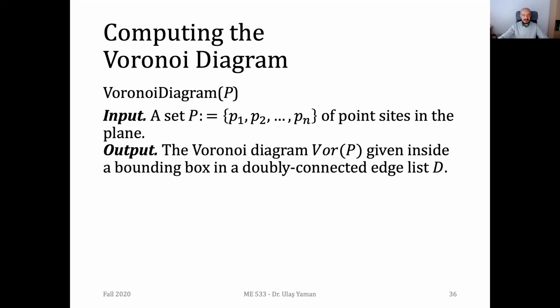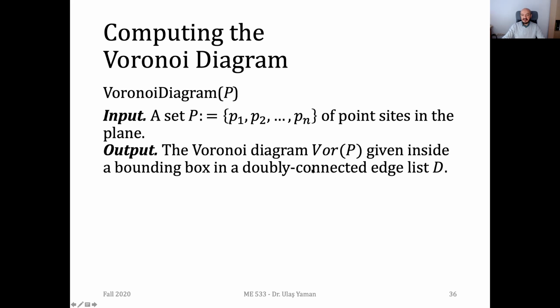It's not that difficult. We have the set of points, or sites, and the output will be simply the Voronoi diagram, but we will be representing it in terms of a special data structure, which is called a doubly connected edge list. And we said that right now we are taking it for granted since we haven't discussed it in the beginning of this course.